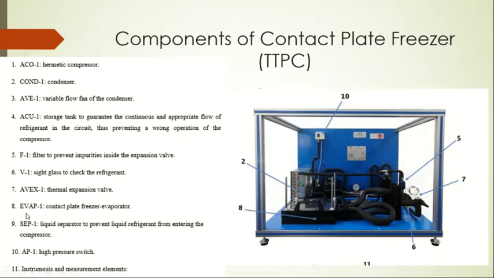So that's why it is called the evaporator. Then we have 10. Okay, the 10 is actually the high pressure switch. Later on I will describe what is its main purpose. This is only for safety purposes.